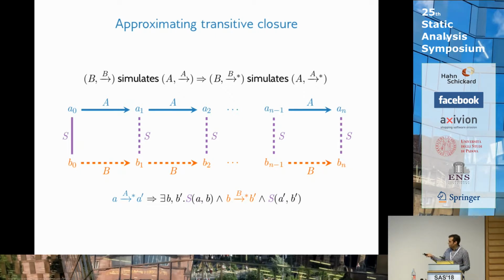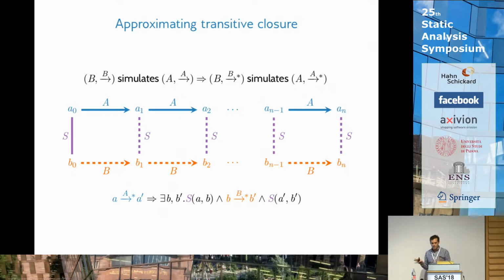All right, so the intuition is that if I start at A, I am only allowed to step from A to A prime if it's also possible to use the simulation to step into my abstract machine, apply a bunch of transitions of my abstract machine, and then use the simulation relation to step back out.